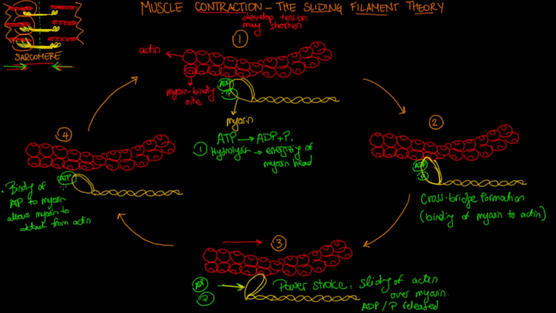If ATP is not present, then myosin is stuck to actin and cannot detach. So it's the presence of ATP that's really important and necessary in order to break this attachment. And this cycle goes on and on throughout the muscle contraction.